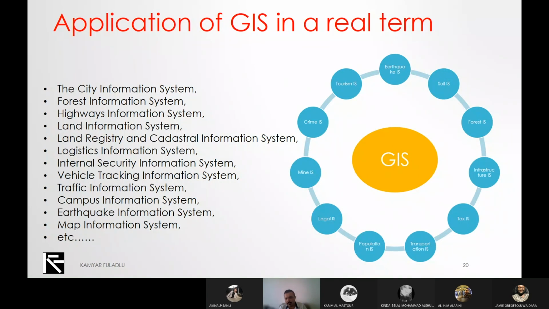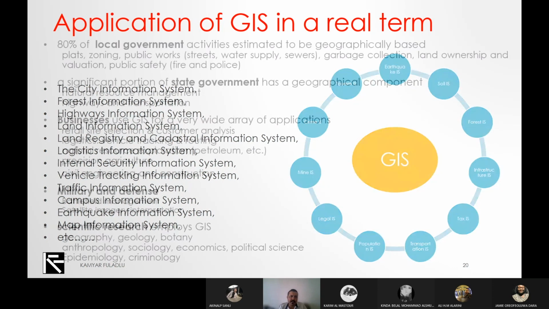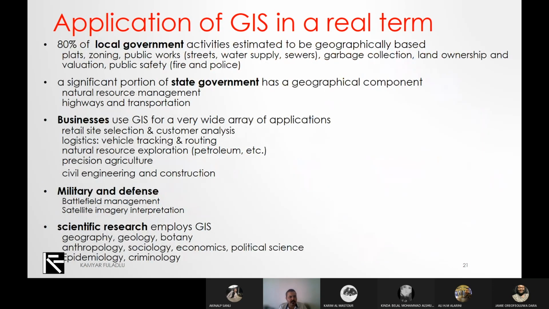There are also many other information systems. As you can see, I put some of them in these diagrams, such as mine information system, soil information system, and infrastructure, population, and tax information systems, and there are many more. As I said, of the applications of GIS in real terms, most of them, 80%, could be done by local government.